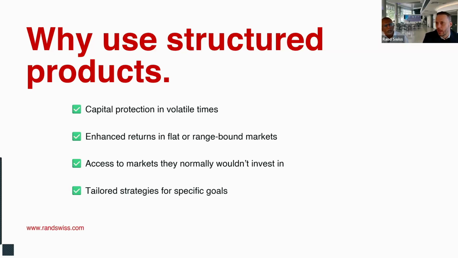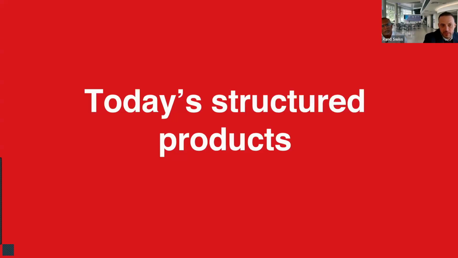It benefits you when markets have been sideways, range-bound. You just get a little bit of a kick up in markets. The returns have been suboptimal for a period, and this is where they really outperform the broader market, and they form a nice complement to a standard equity strategy. You can obviously access markets that you wouldn't normally be able to invest in, and as I've said, you can tailor strategies to specific goals.